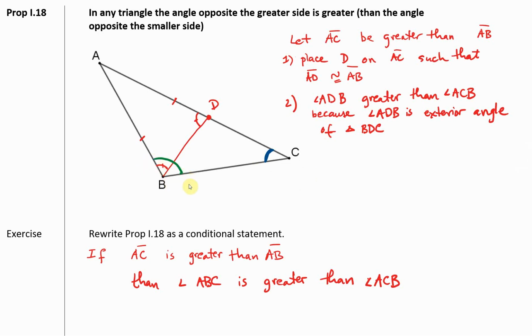The green angle is clearly larger than the red angle. So we'll write down here, angle ABC is greater than angle ABD. Okay. And this is common notion 5. The whole is always greater than the part. Okay, so the green angle is greater than the part.